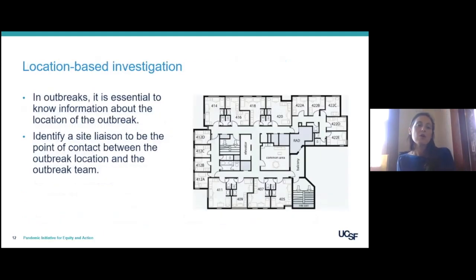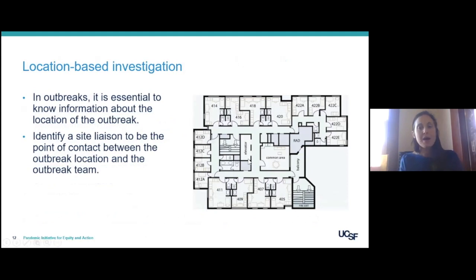All right, so speaking of locations, location-based investigation. In outbreaks, we need to know about the place, right? We need to be able to identify somebody who is our champion or site liaison, and they can be the point of contact between the location and the outbreak team. And I have a map here. Maps are very, very helpful.